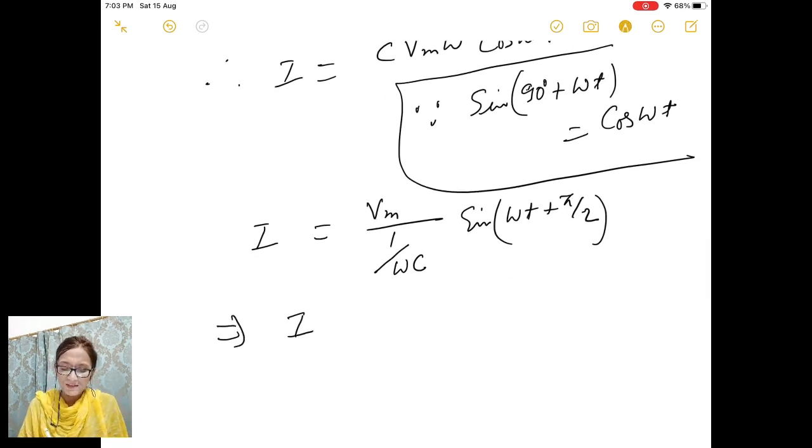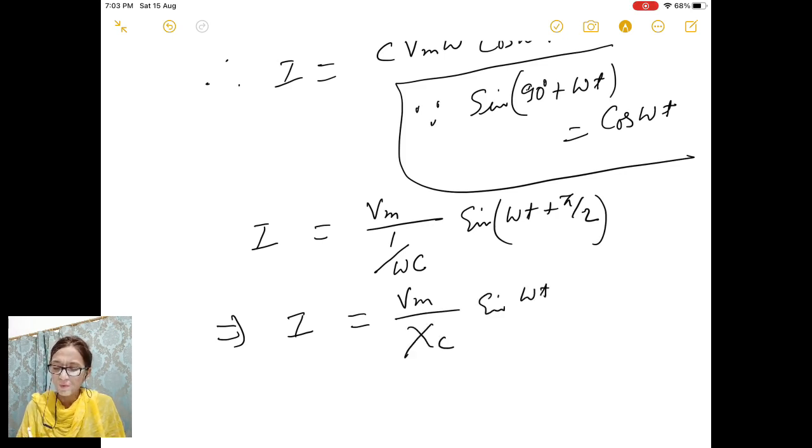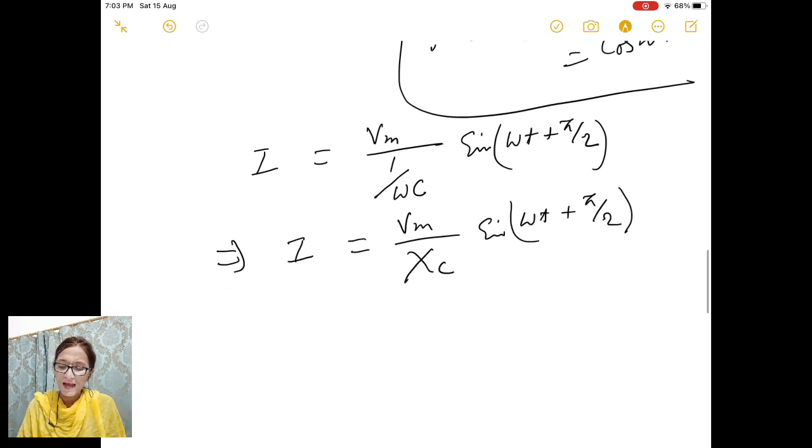This implies that I, the instantaneous current, is equal to voltage amplitude divided by Xc, sine omega t plus pi by 2. Here Xc is called capacitive reactance.